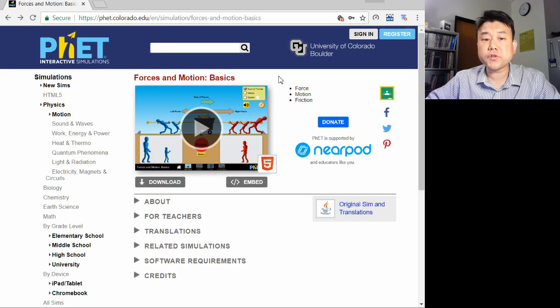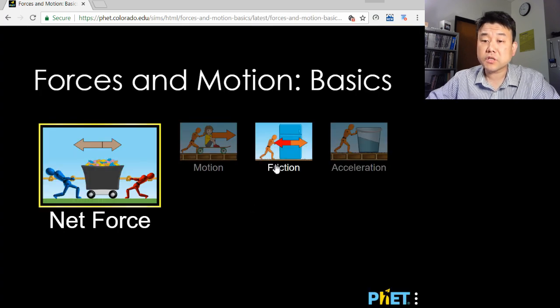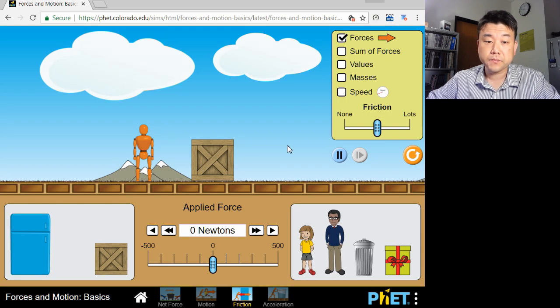Let me illustrate this with a PhET simulation from the University of Colorado. I'm going to use the force and motion simulation to describe a common everyday scenario and attempt to explain it in terms of Newton's second law, or more precisely explain Newton's second law using this scenario.